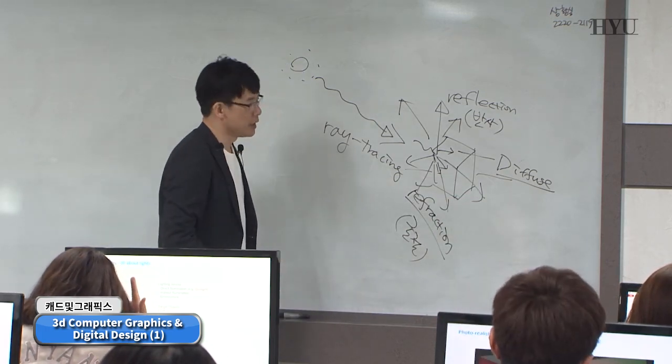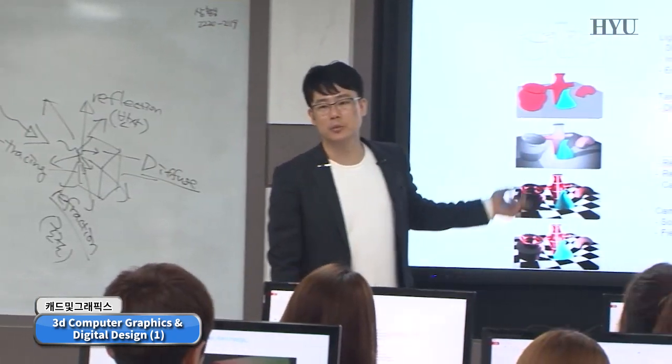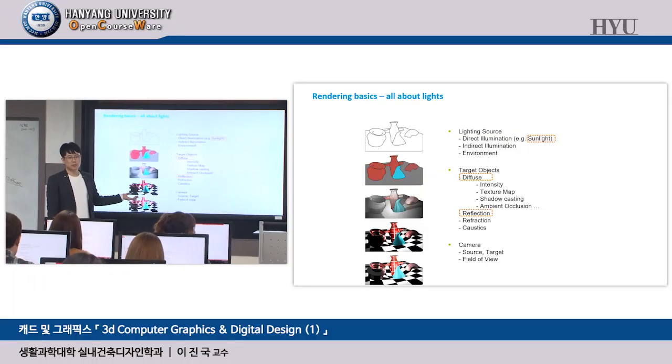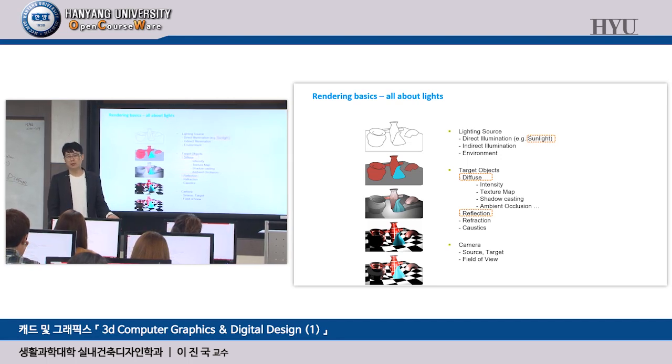Very complicated. Anyhow, they are going to be handled by computers. That's the meaning of ray tracing: computational handling of lighting sources and their interaction with objects.